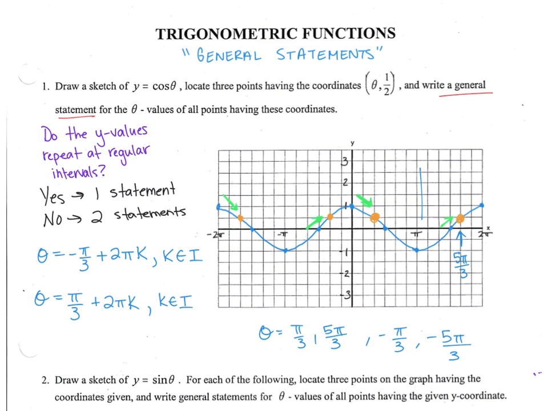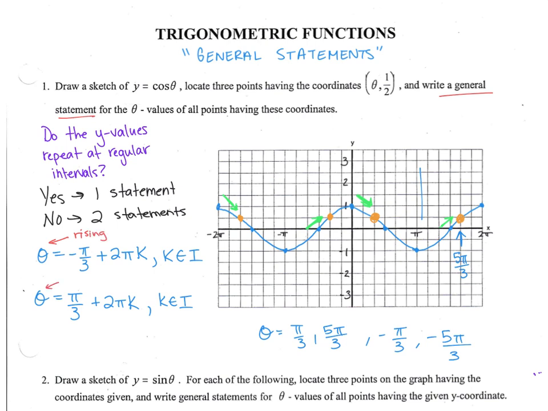So we have 2 statements to represent for what values of theta we will have a y value of 1/2. And what helped us to identify those was when it was rising. So this one we looked at, when was it rising to a y value of 1/2.